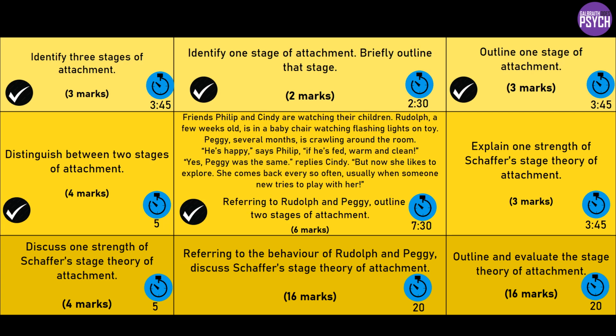Okay. Discuss a strength. So we're going to use what we just did, and we're going to flex this up a bit by introducing a counter-argument, because it's to discuss a strength, not just explain it. So just carrying on from where we were a second ago, despite this, critics would argue that the evidence base for this theory is flawed.